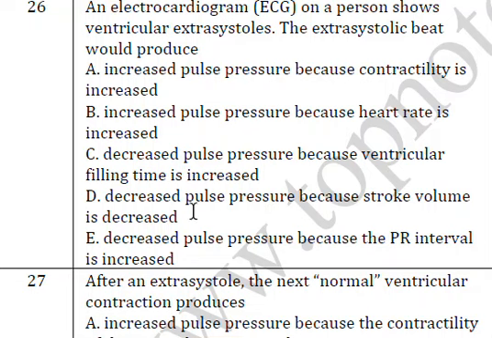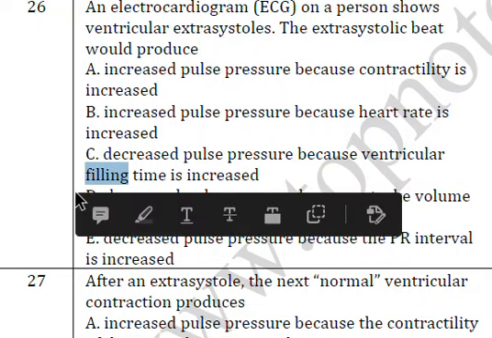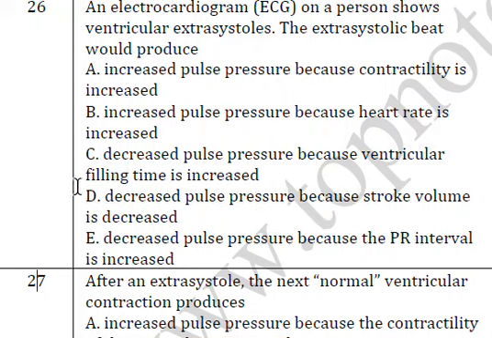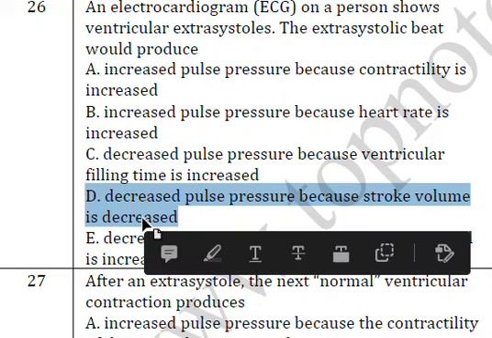D. Decreased pulse pressure because stroke volume is decreased. E. Decreased pulse pressure because the PR interval is increased. And the answer is D. Decreased pulse pressure because stroke volume is decreased.